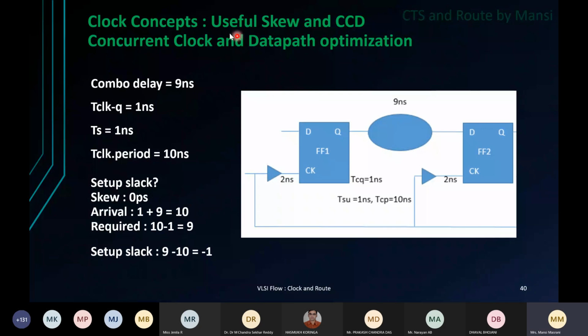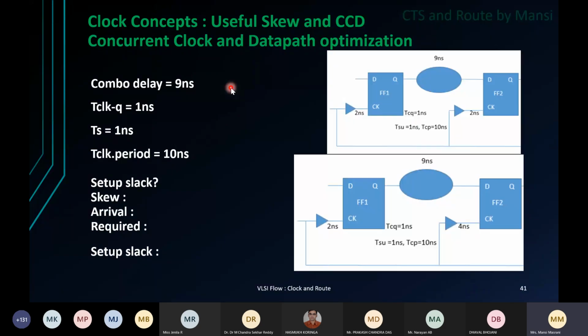Now you tell me the difference between these two figures. What is the difference? Can anybody tell me the difference? Second clock is delayed by 4. Correct.